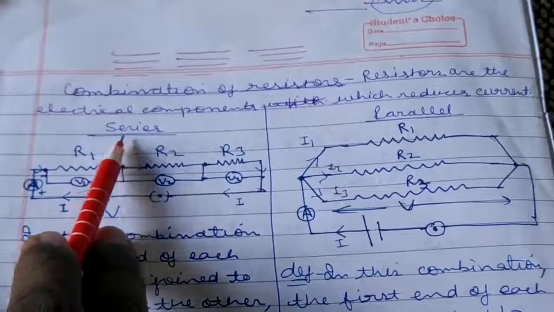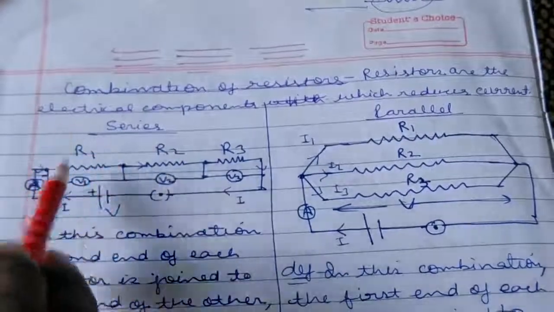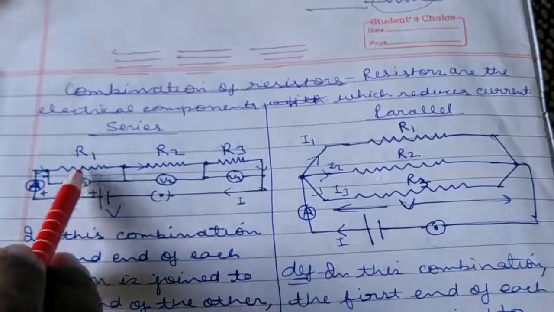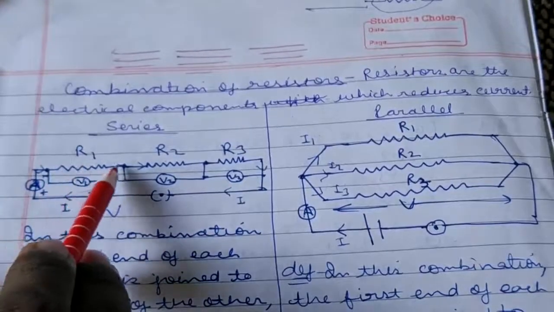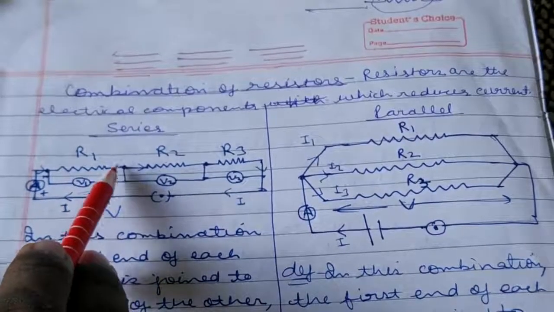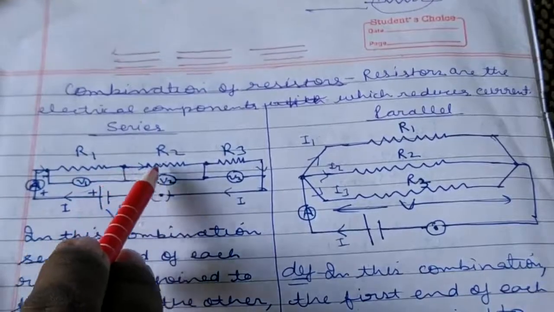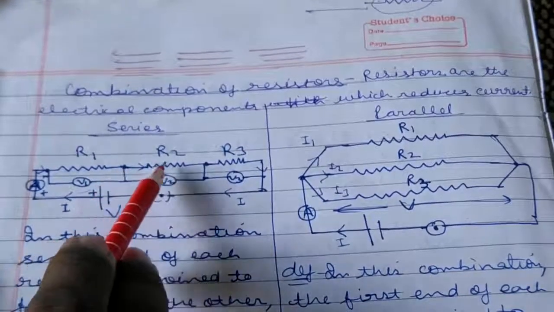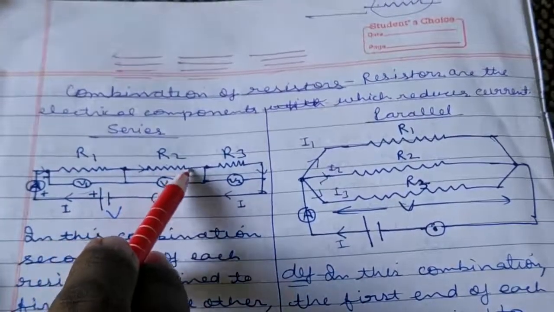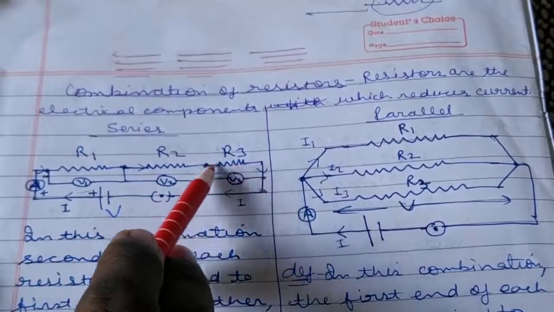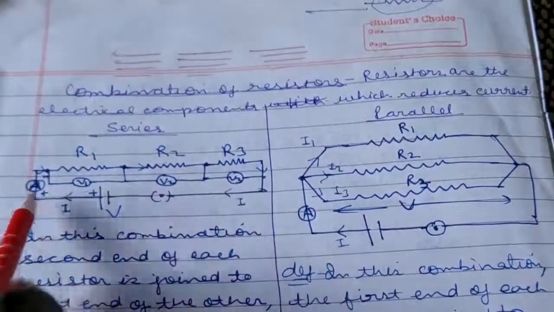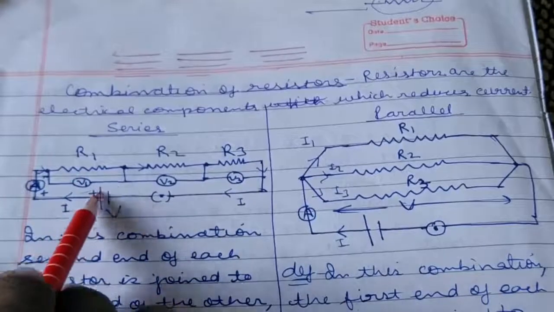Then what is series combination of resistance? If you have this resistor R1, then the second end of R1 is joined to the first end of R2. The second end of R2 is joined to the first end of R3, and between the first and last end you have connected a cell.